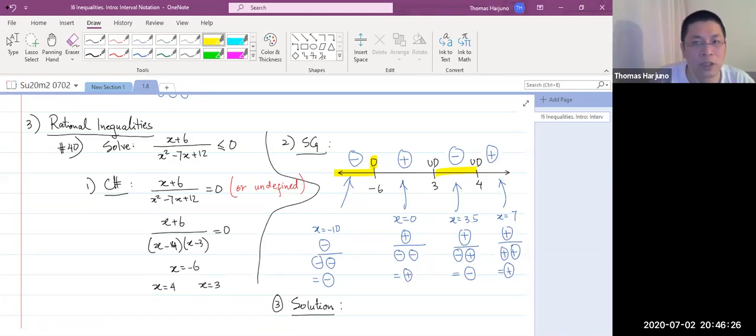If you consider this as your party, 3 and 4 are not invited at all to this party.